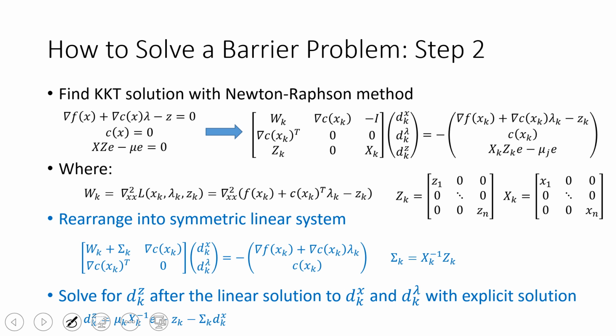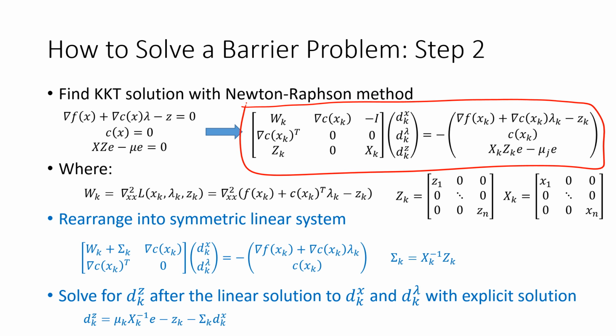The nice thing is that we can also rearrange this problem. Just with a little bit of manipulation, we can rearrange it so that this becomes a symmetric matrix, which is really nice because then we can use a linear symmetric solver that can solve our Ax equals b solutions, where A is now a symmetric matrix.